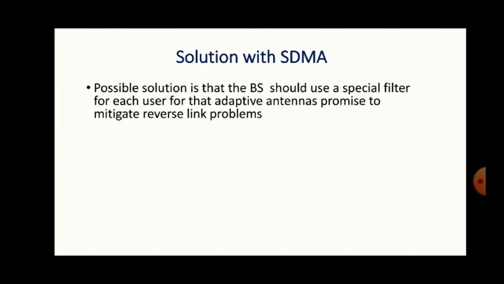Solution for SDMA: the possible solution is at baseband. The base station should be used as a spatial filter for the user. Adaptive antennas promise to mitigate reverse link problems.